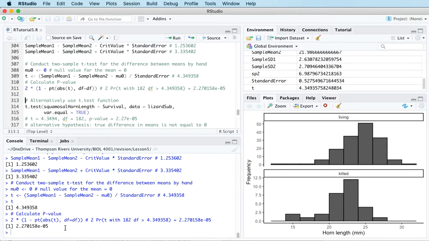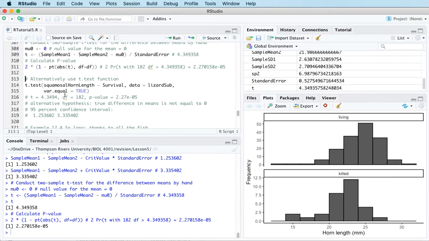So 2.27 times 10 to the minus 5 is smaller than 0.05, and so we do reject the null hypothesis in favor of the alternative in this instance. So our conclusion is that lizards killed by shrikes and living lizards do appear to differ in their population mean horn length. So in other words, the two population means do appear to be different.